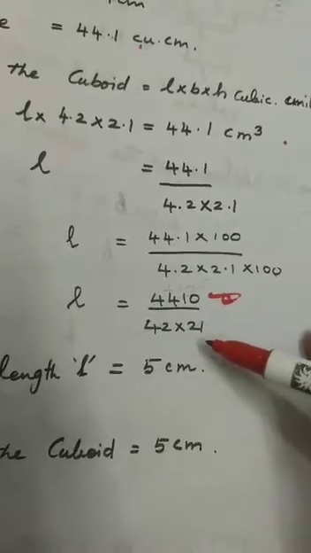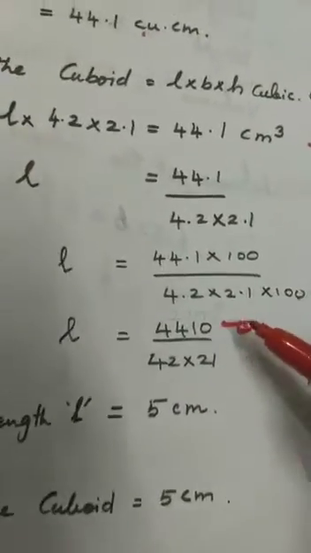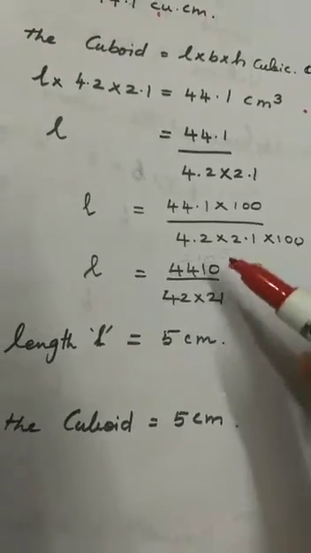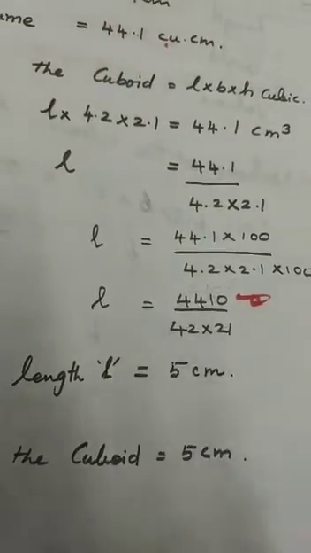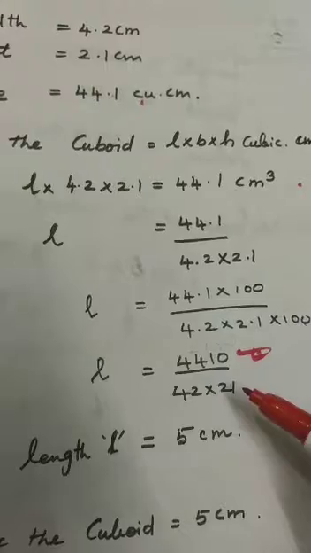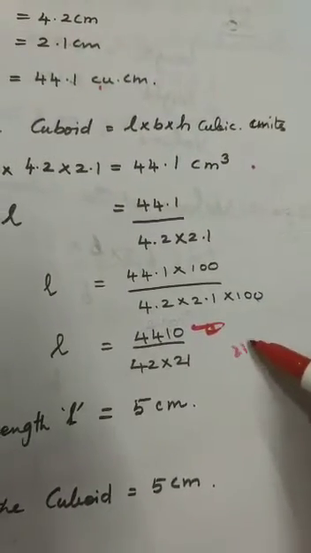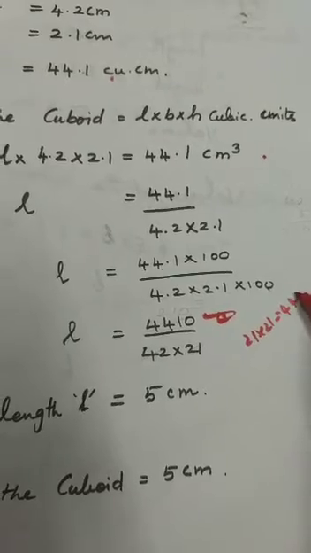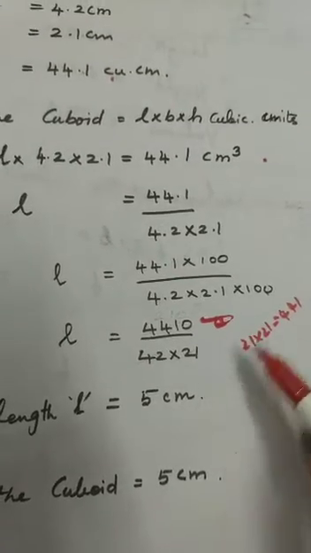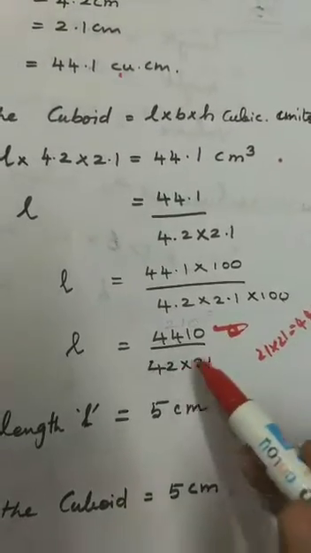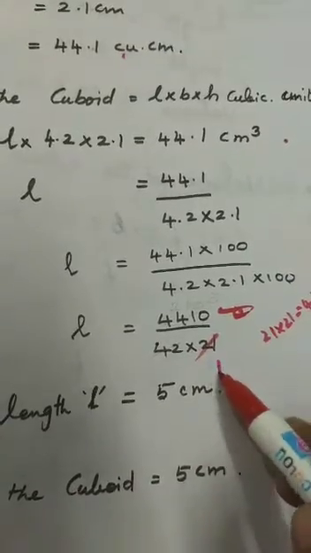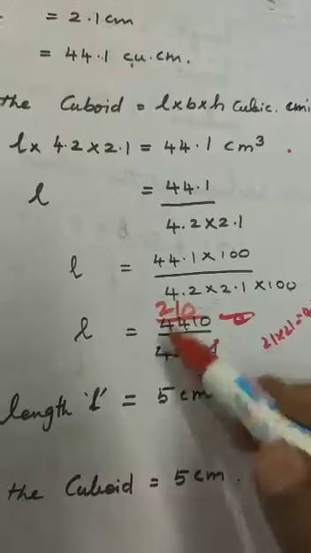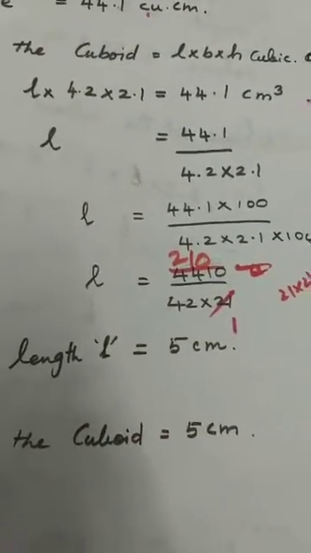So 42 into 21 it will come. Okay. 42 into 21. Now you cancel. We know that 21 twenty-ones are 441, isn't it? So you can cancel this as 1 times 21. And then 1 zero is here. You are adding 1 zero. Okay.